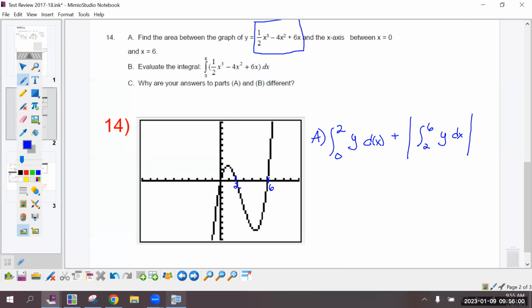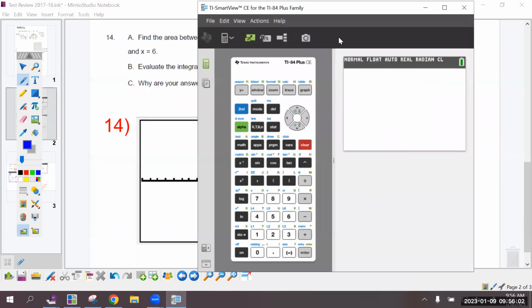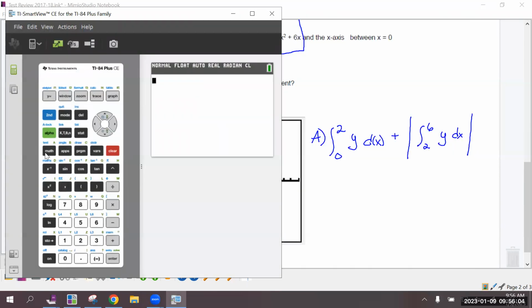So I need to take the absolute value. All right, so on my calculate screen, and I'm going to do that again from 2 to 6.